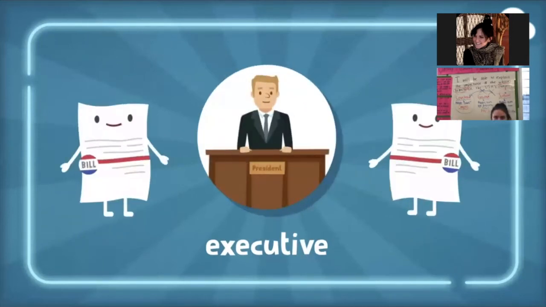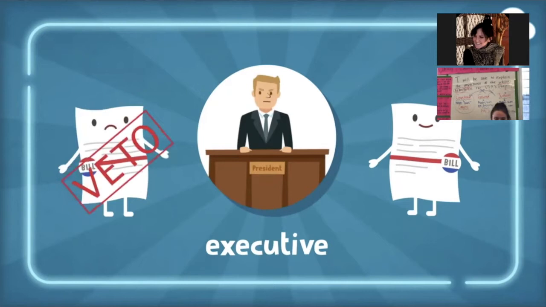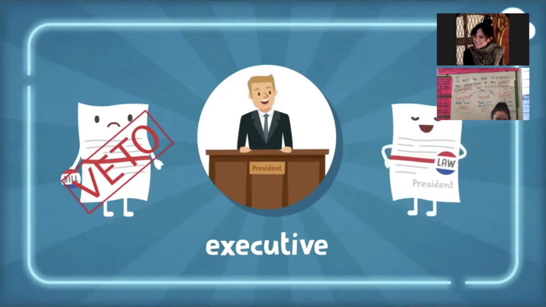The President of the United States is the leader of the executive branch. The President can approve or veto a bill. When a bill is vetoed, it is rejected. When the President signs a bill, it becomes a law.